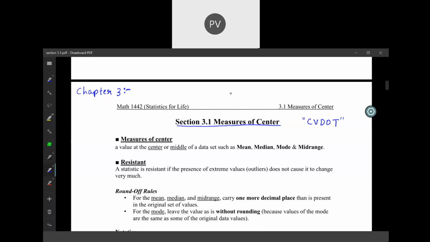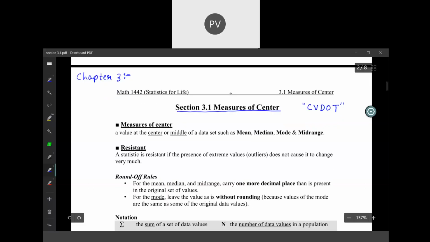So when I say explain CVDOT, you have to abbreviate and also explain each and every term. Okay. Now, what is CVDOT? C means center, V is the variation, D is distribution, O is outliers, and T is time, right? So what was center defined as? It is nothing but a representative value that indicates where the middle of the data set is located, right?